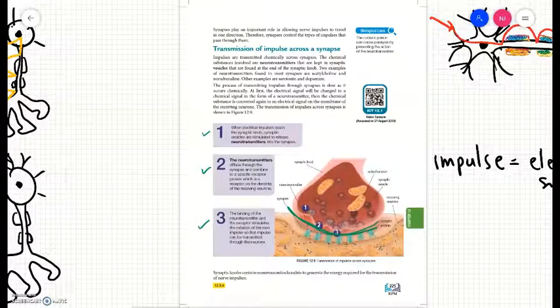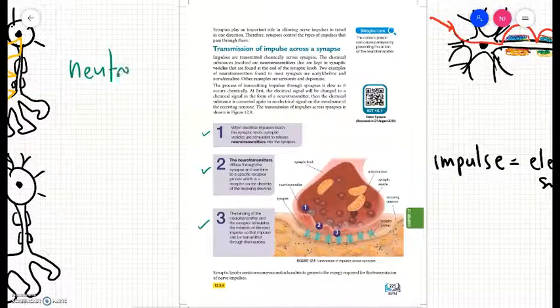Jadi, okay, before that, you need to understand the chemical. There's a chemical substance that is involved, which is called neurotransmitter. Okay, neurotransmitter. Neurotransmitter ni kamu kena ingat lah.